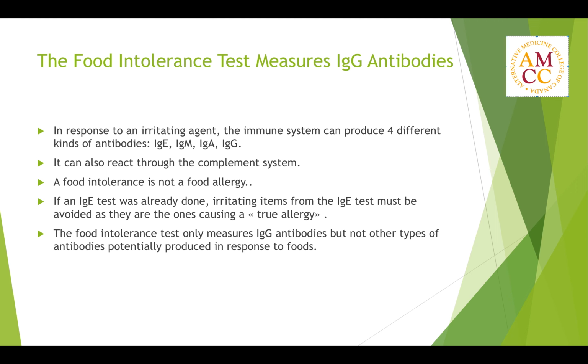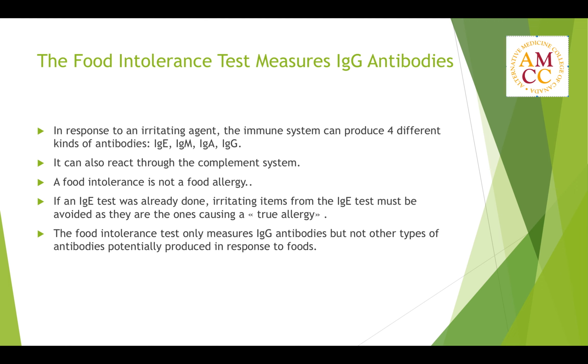So if a client has already gone to their GP, has already had blood work for their total IgE levels, or maybe has had blood work for various IgE allergies like food or environmental, like dust mites, pollens, dog hair, cat hair, eggs, and so on, or if they've had a skin prick test, whatever was flagged as being positive on those tests, the person must absolutely avoid, even if they don't show up on the IgG test, which they may not because it's a completely different antibody.